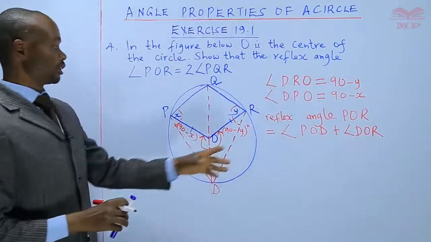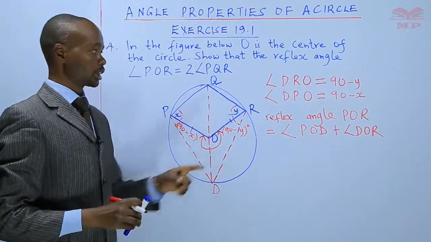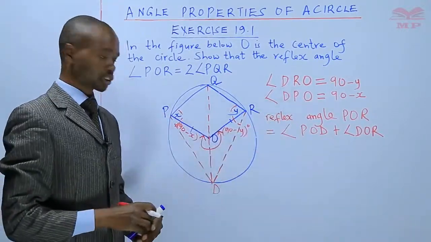So if you get the value of the two angles, you'll get the value of that reflex angle.